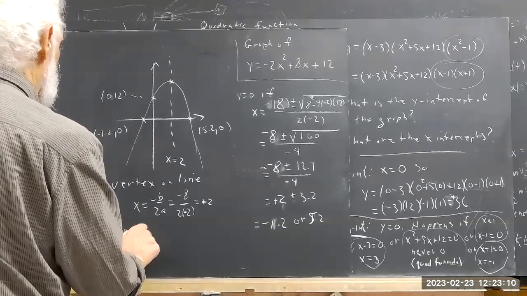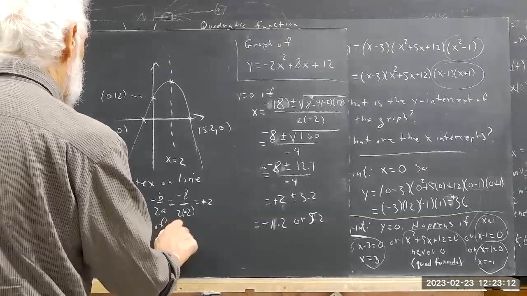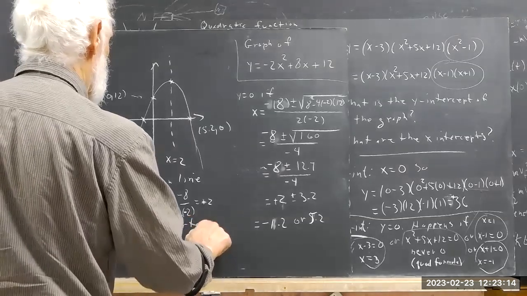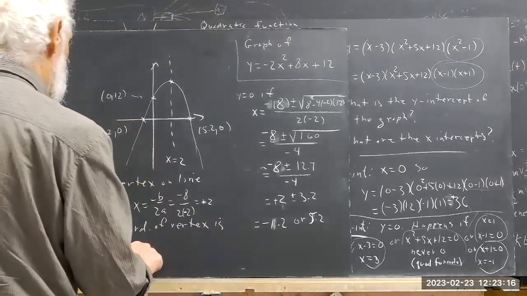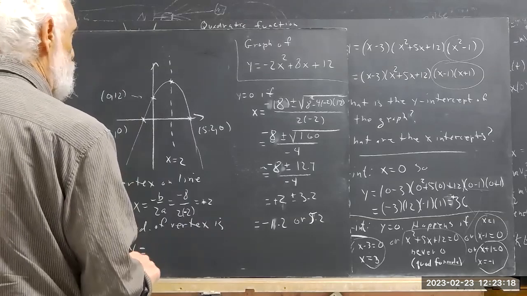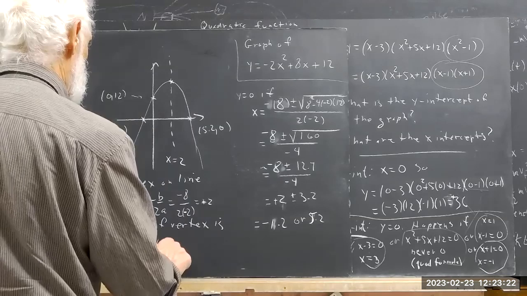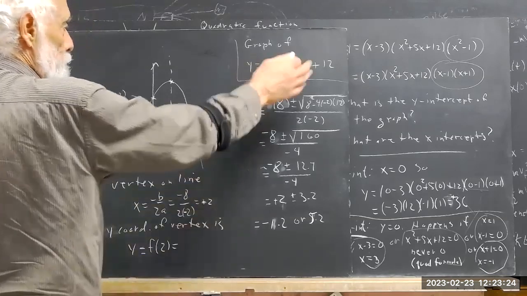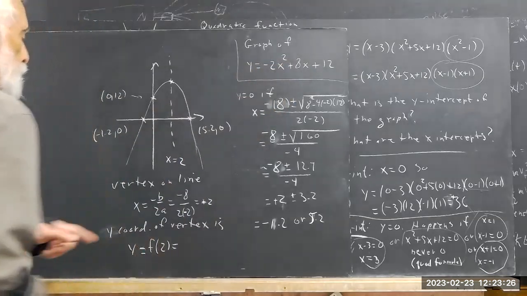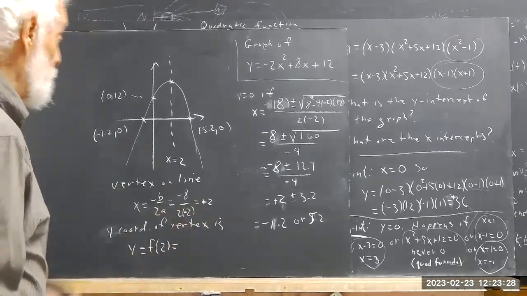The y coordinate of the vertex is y equals, let's call that f of 2, if this is an f of x function. In other words, we're going to plug in 2 for x.